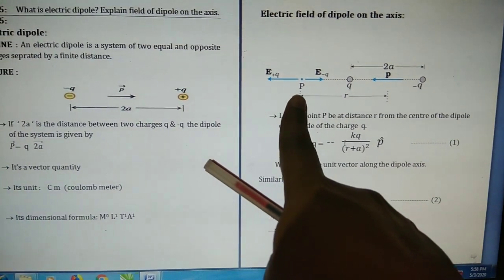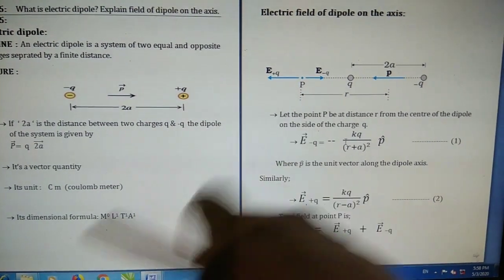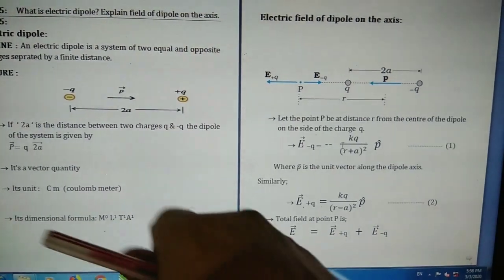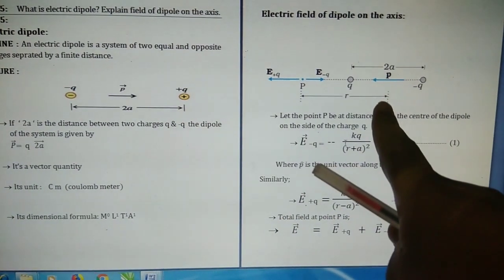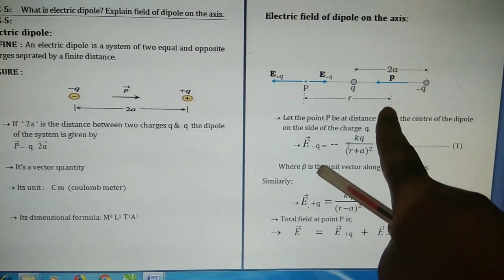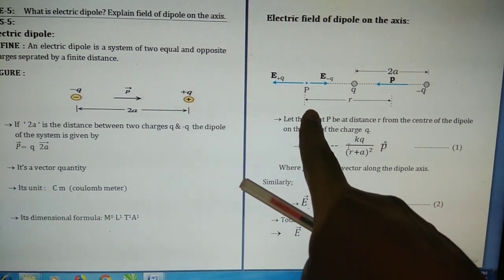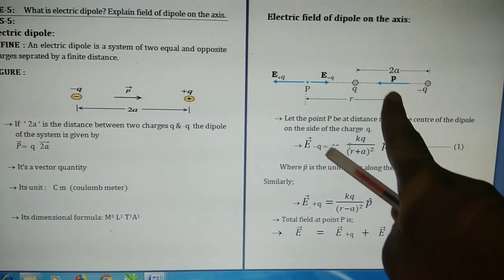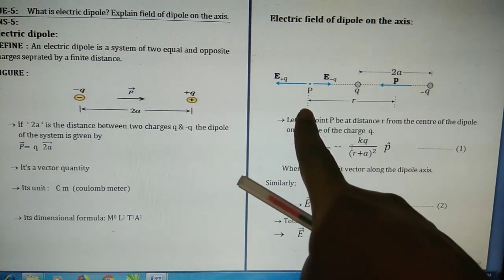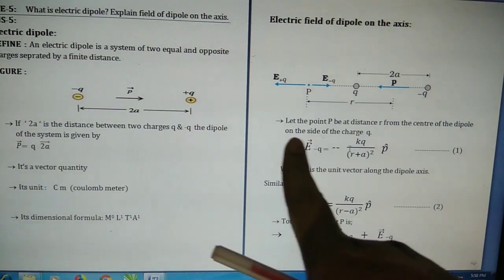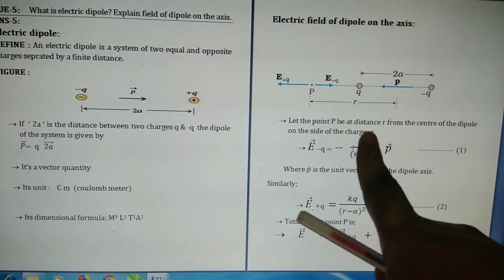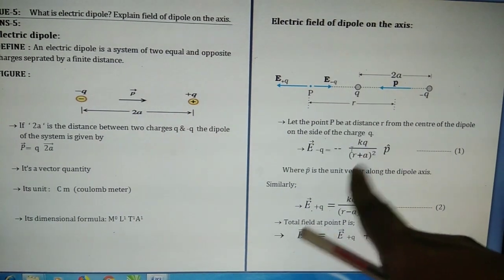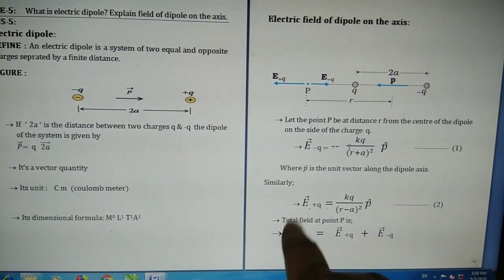At point P we have to find the field due to charge plus q and charge minus q. Let the point P be at a distance r from the center of the dipole, on the side of the charge q.